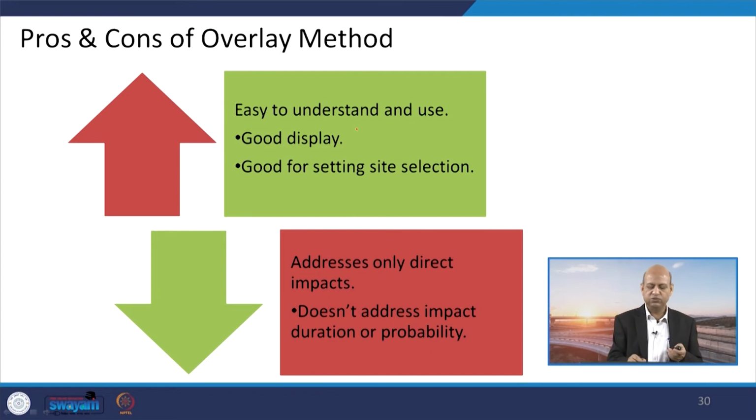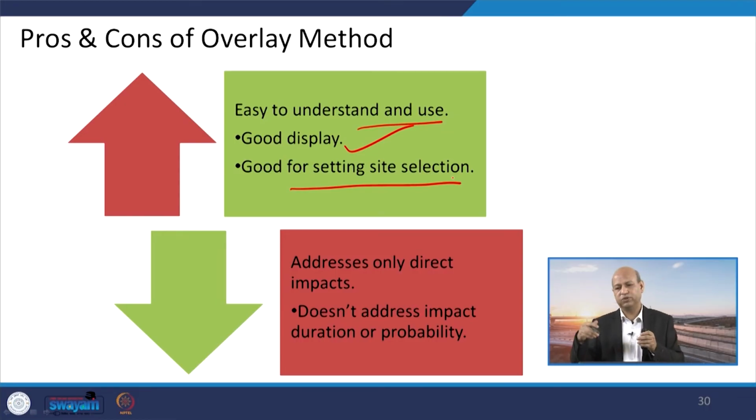Easy to understand, good display, colorful visuals always give us more understanding, as you know, and it is very nice for site selection, because contours are there, some pond is shown here, those kinds of topographical representations can give us a better idea of where a project will be launched or established, whether it is a good site or bad site, whether there are flood plains or not, what other activities may be there.